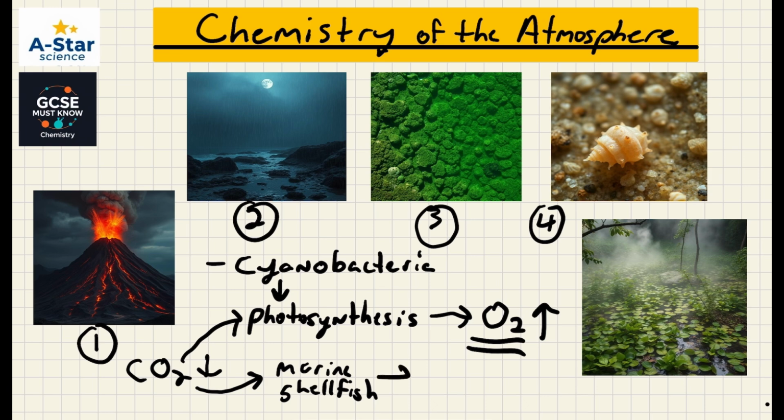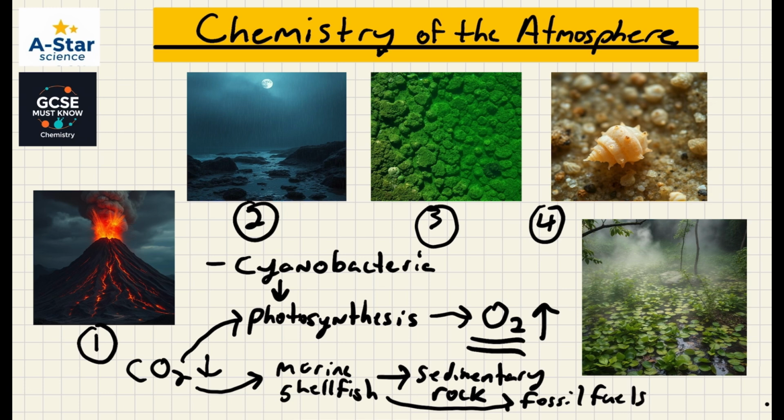When they die, this would also eventually form sedimentary rock, like limestone. So we can see the carbon dioxide is becoming stored in things like sedimentary rock, as well as in fossil fuels, which were formed from when many of these microscopic organisms would die. So we see the carbon dioxide is continuing to go down, and oxygen levels are starting to go up.